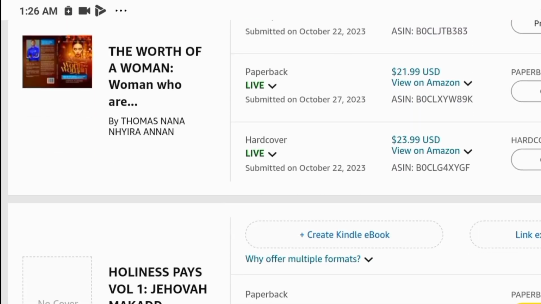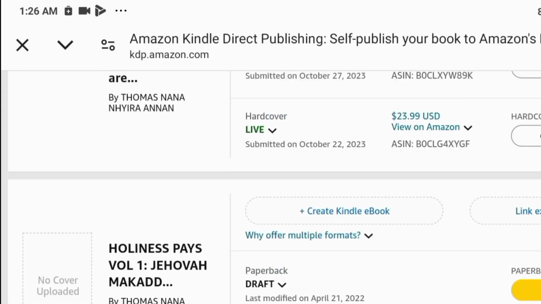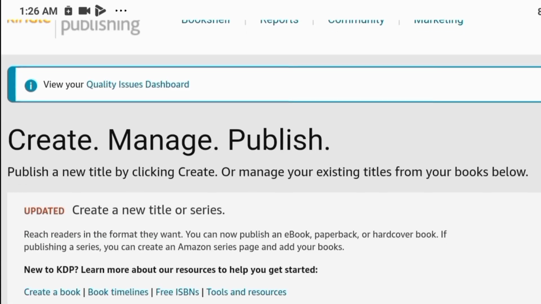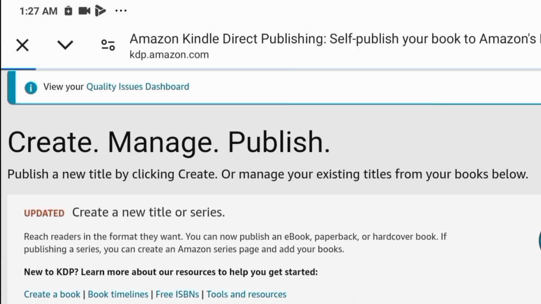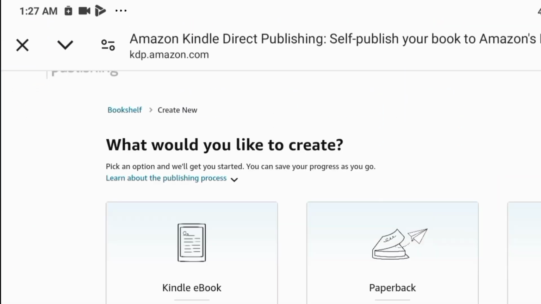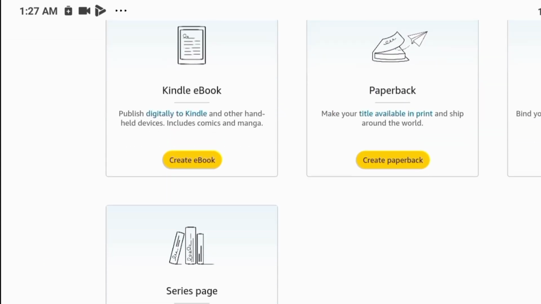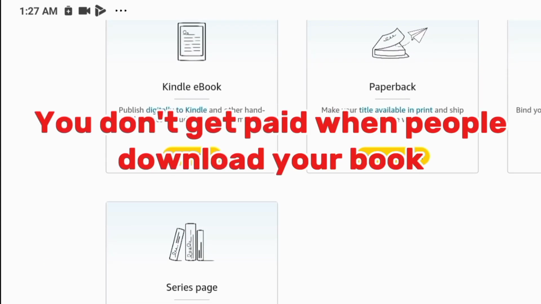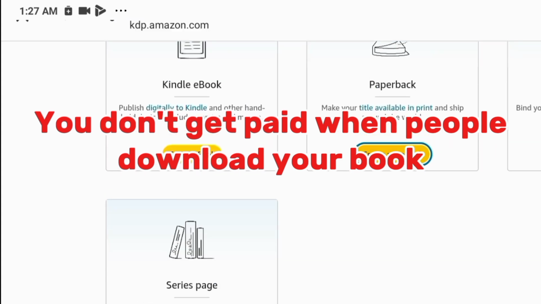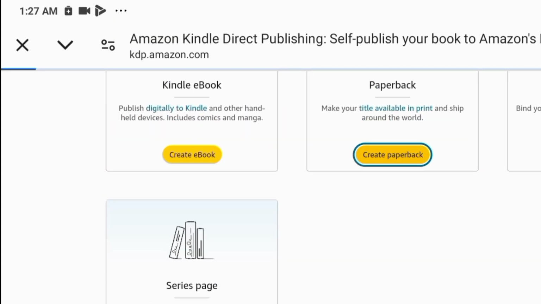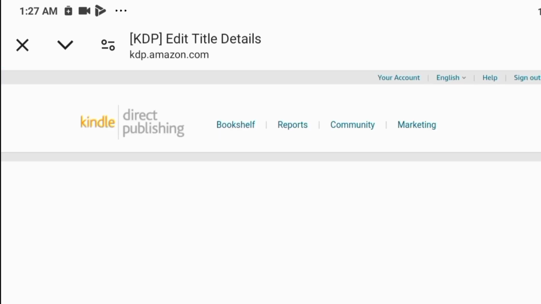In the Kindle Select program, you get paid through reading. Meanwhile, people think that so long as people are downloading your book, they must be paid. No, it doesn't work that way. I want you to know that you get paid based on the number of pages people read from your book.